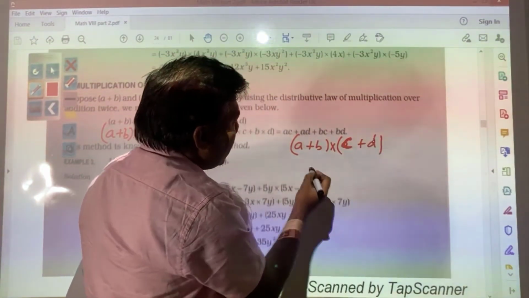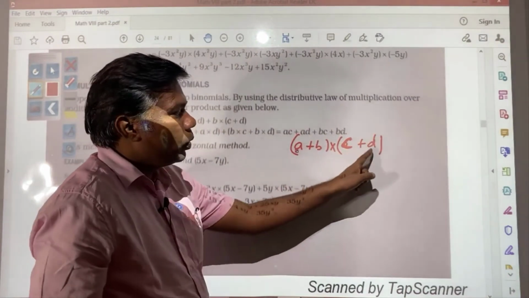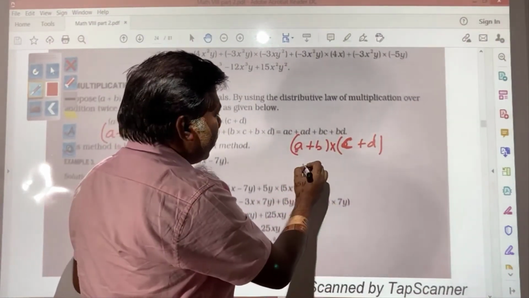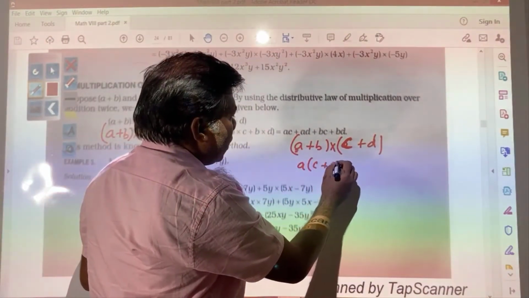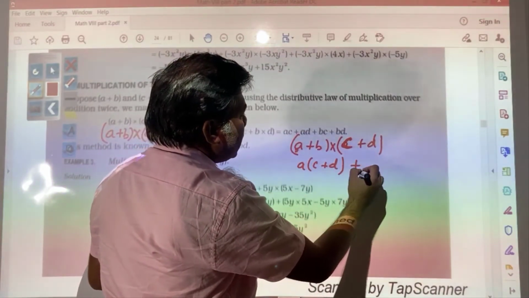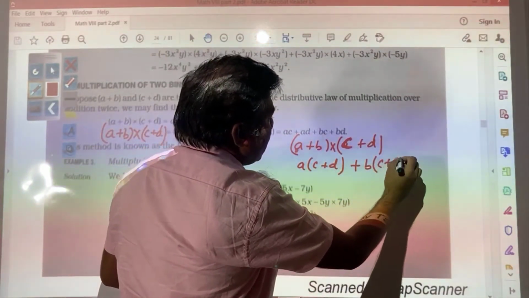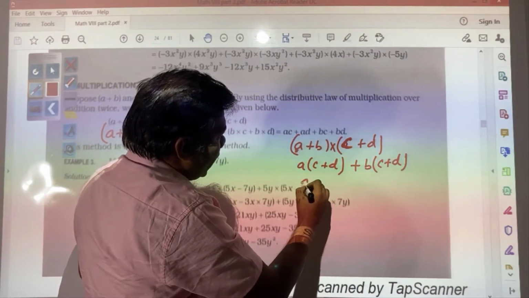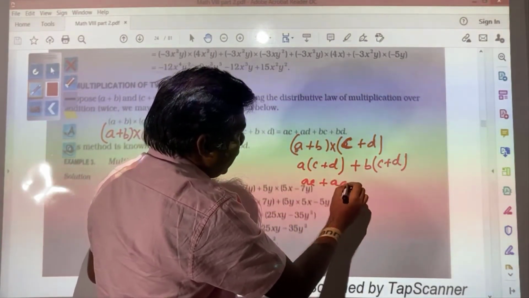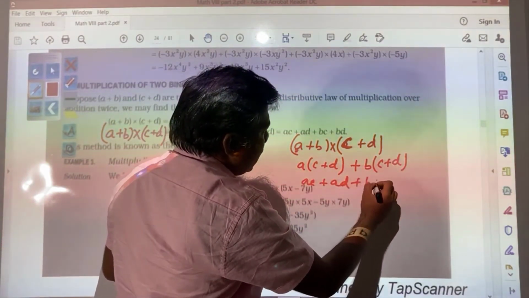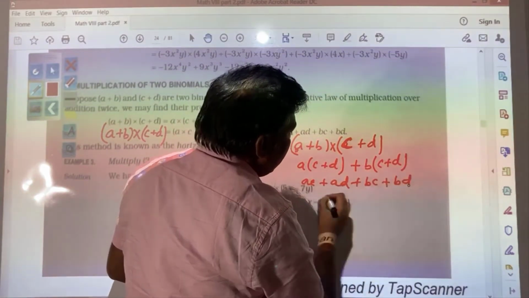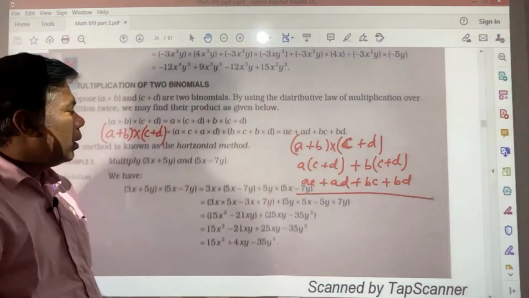What is required to be done? With a you multiply both the terms. So you will write a into c plus d and plus b into c plus d. Now you multiply ac plus ad. Here bc plus bd. In this way we need to multiply.